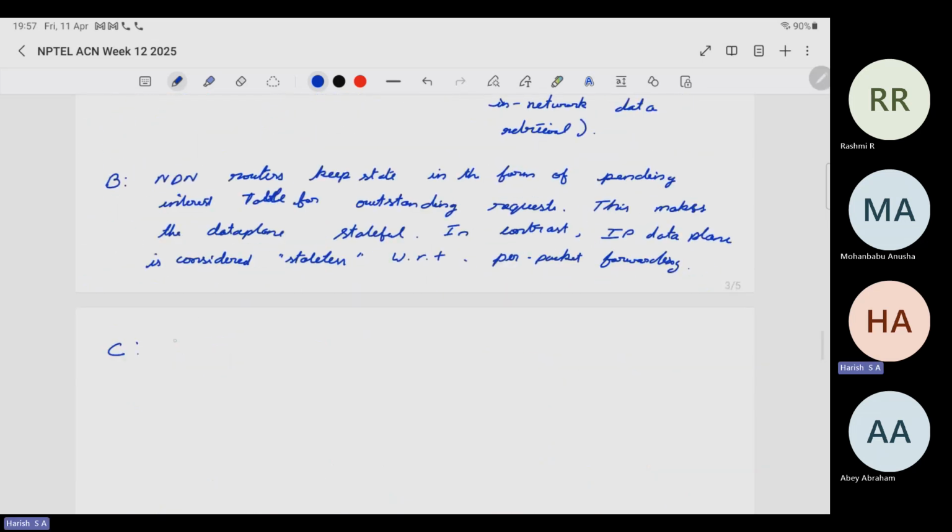So basically, IP does not natively include a security primitive at the network layer.